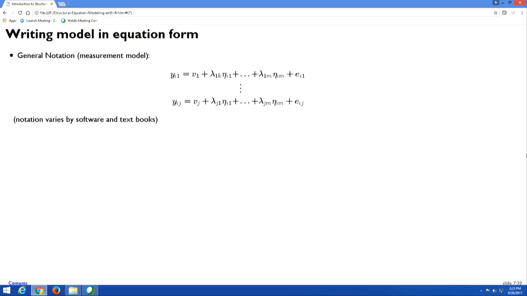The second thing I want you to notice here is that we have multiple equations. Here we have one up to j variables that we're measuring. That could be 2, that could be 10. In this study, it was 25 variables, so we have 25 dependent variables and 25 equations. What I want you to get out of here is that we don't have one equation.